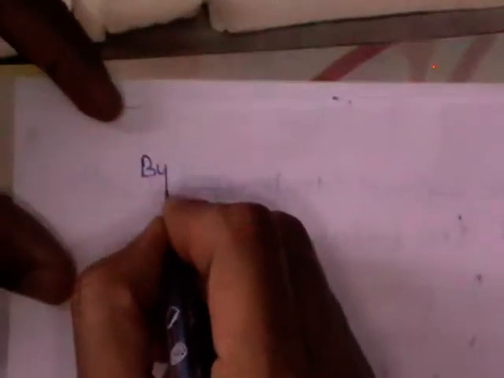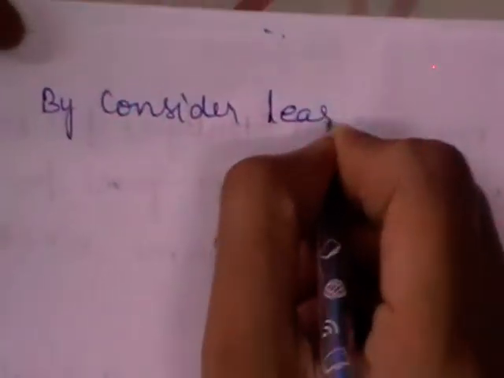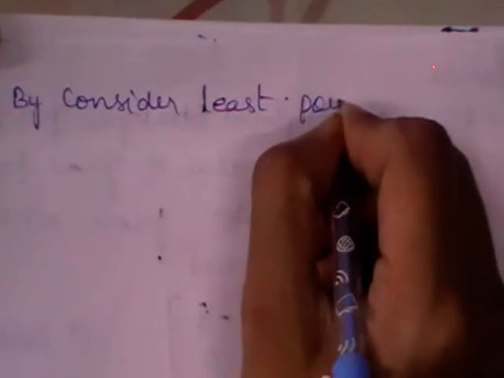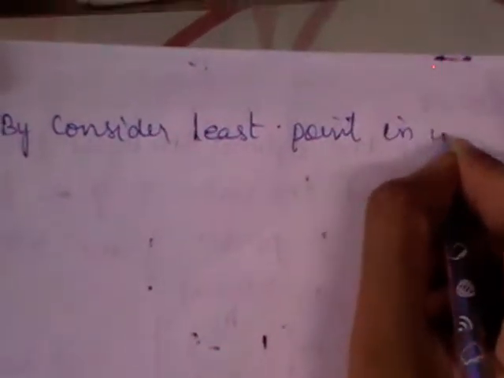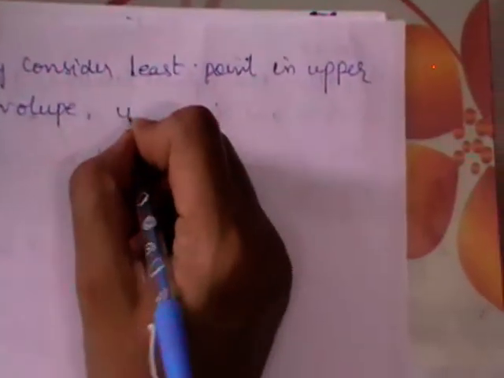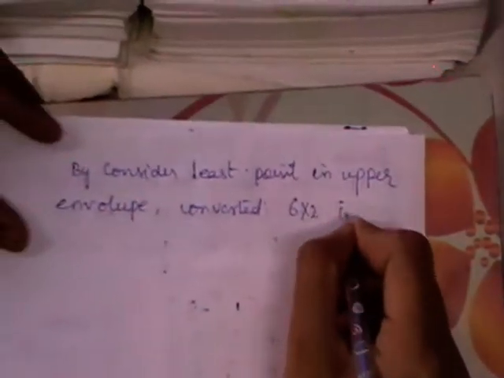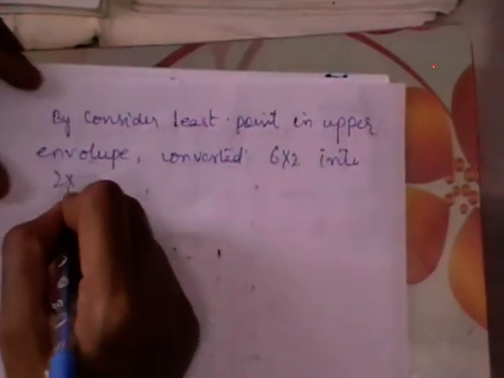So using the least point in the upper envelope, we have converted the 6 by 2 matrix into a 2 by 2 payoff.